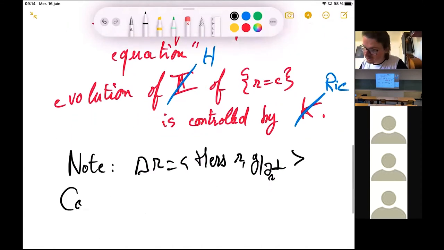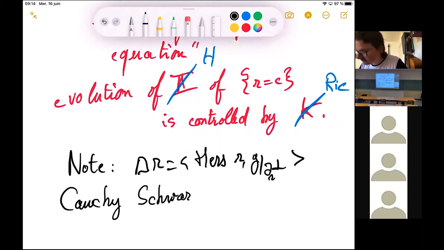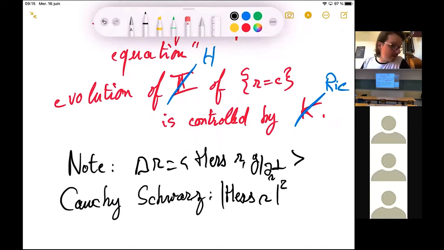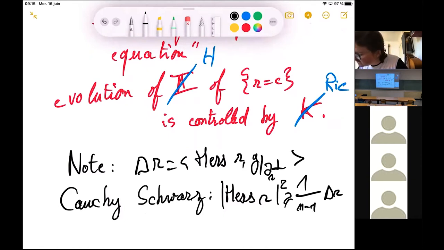And so you can use the Cauchy-Schwarz inequality, and it will tell you that the Hessian of r squared is bigger than 1 over n minus 1 times the Laplacian of r squared.